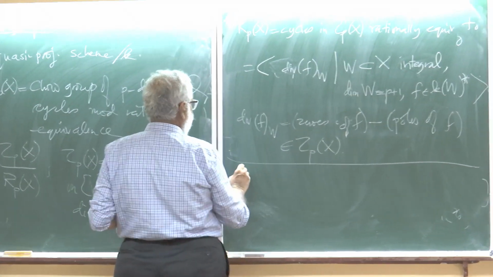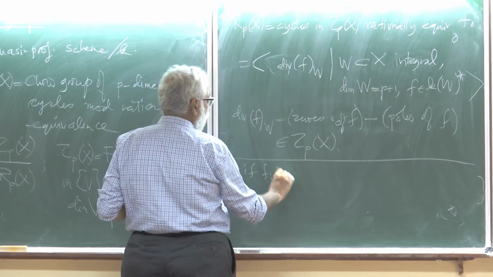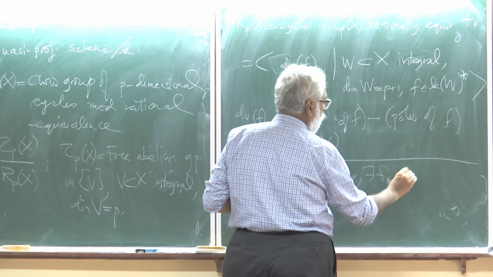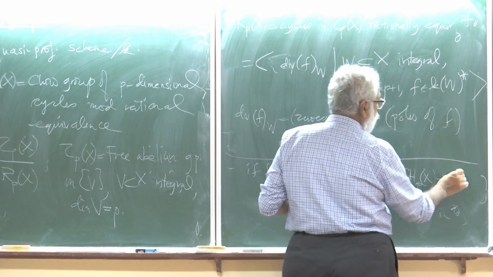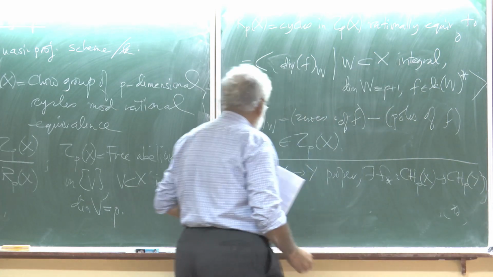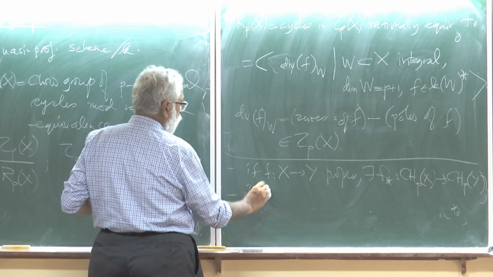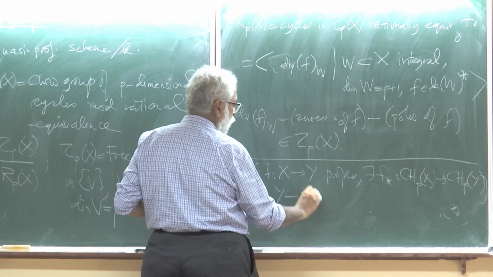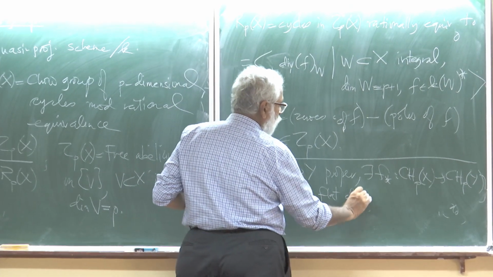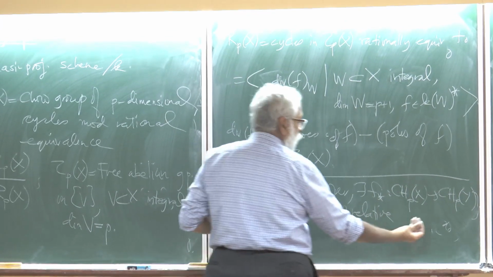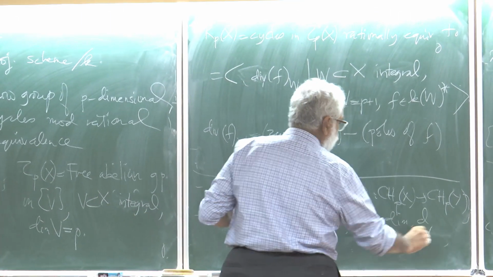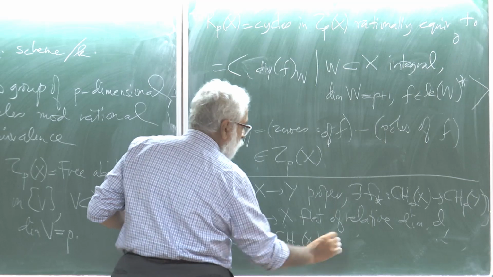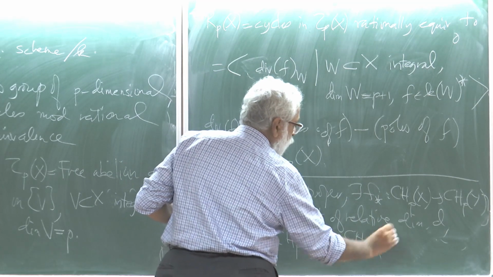So remember that if f: X to Y is proper, there exists f lower star, Chow_p(X) to Chow_p(Y), and if g: Y to X is flat of relative dimension d, there exists g upper star, Chow_p(X) to Chow_{p+d}(Y).